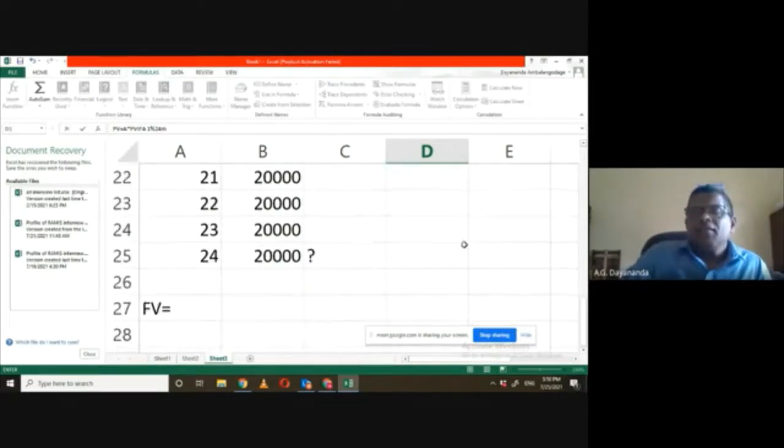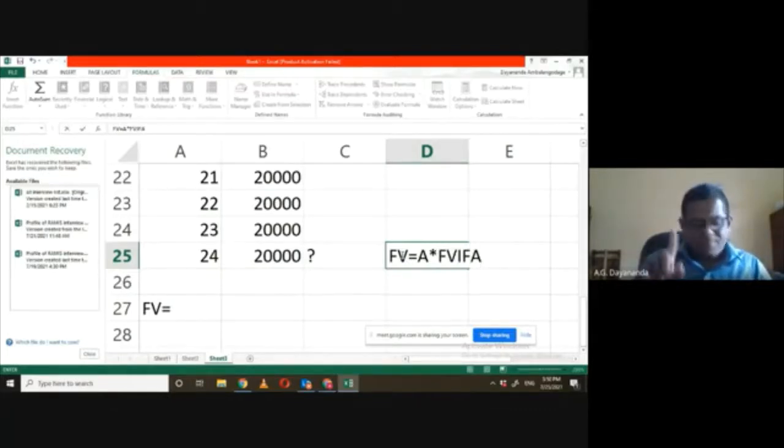If you are calculating here, how do you write? Future value, annuity, multiplied by future value interest factor annuity, again same, 1%, there is no difference in the writing way, 24 months, same thing.